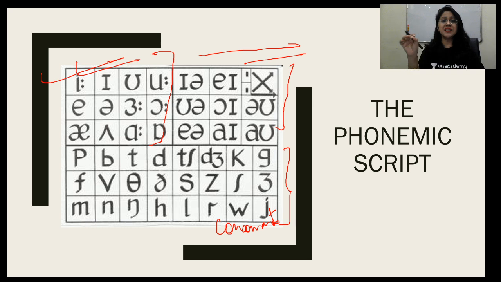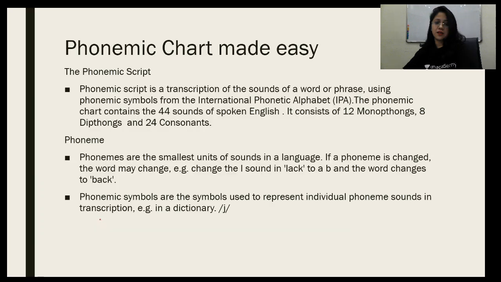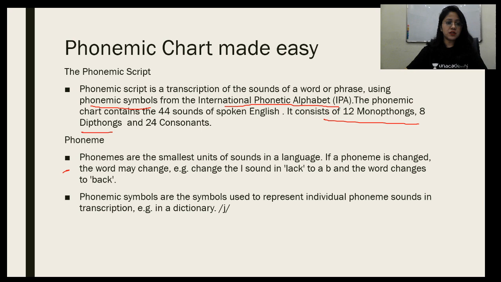Now, like I said, the phonemic chart consists of the phonemic symbols from the International Phonetic Alphabet, the IPA, and consists of 12 monophthongs, 8 diphthongs, and 24 consonants. Phonemes are the smallest units of sound in a language, and if a phoneme is changed, the word may change. Like in 'lack', if L changes to a B, the word becomes 'back'.